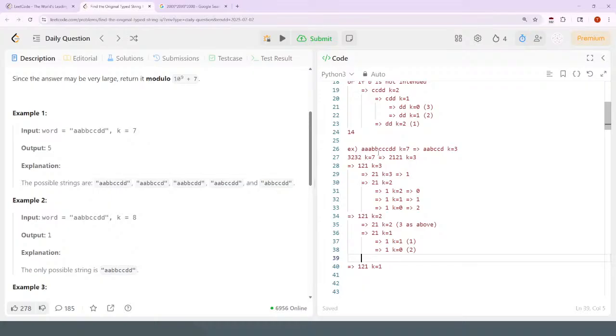Am I missing something? See, it feels like I'm missing something big. Oh, this thing. Here, k equals 1. So it could be unintended 1, so that's 2, 1, k equals 1. And this ends up being 3 as above here.